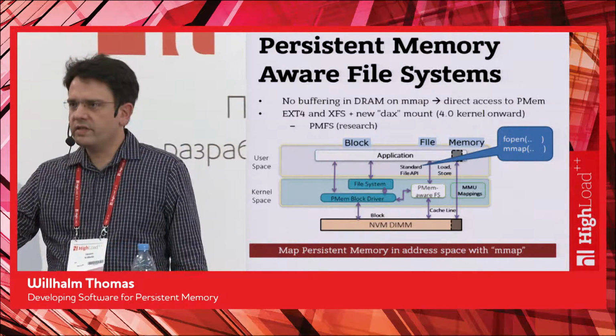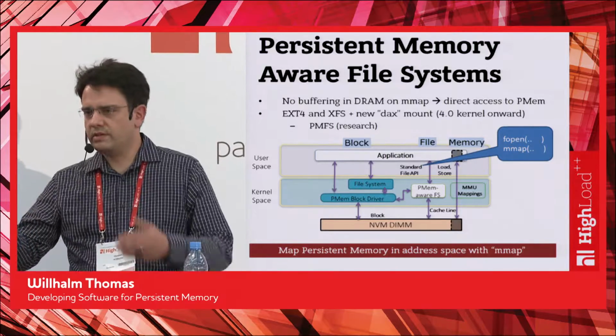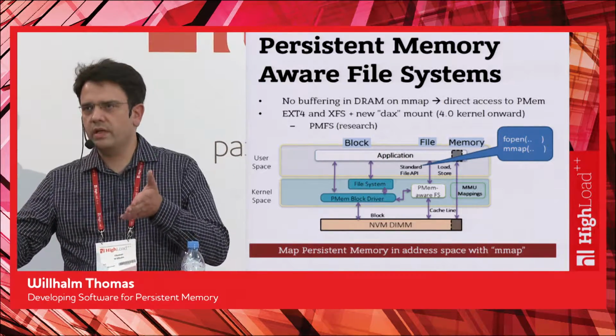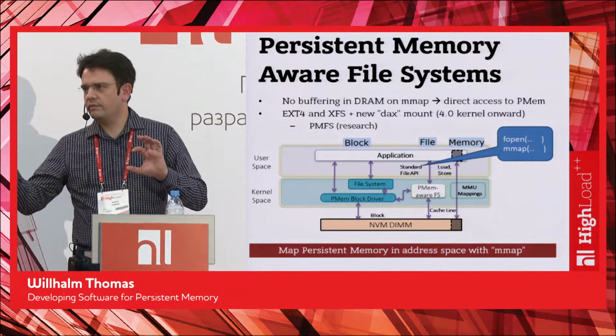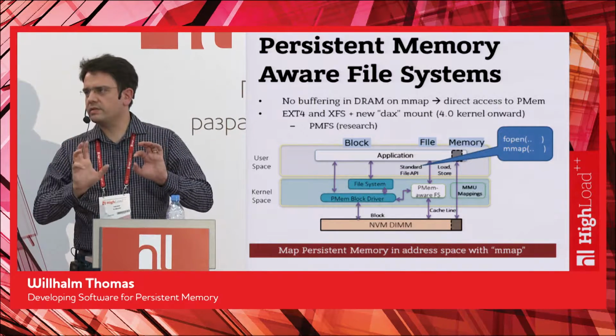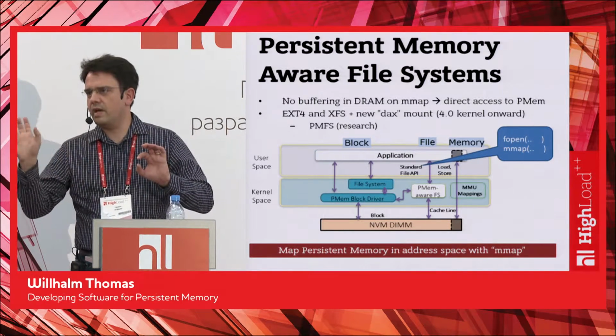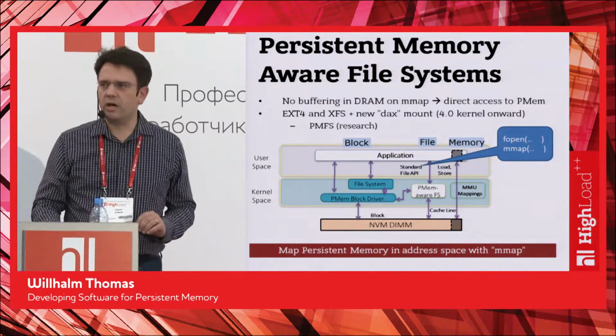And the key difference here to normal Nmap is that when you map some part of your persistent memory, there is no copy. So you're not copying from your persistent memory DIMM into your DRAM, you're directly mapping this. So I think finally Nmap deserves its name. It's truly mapping into your address space and not copying anything.